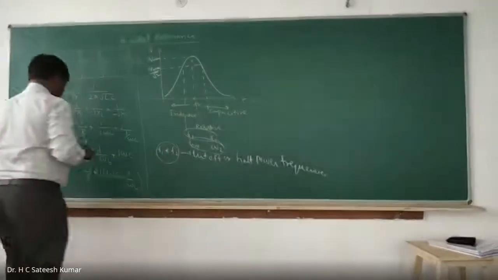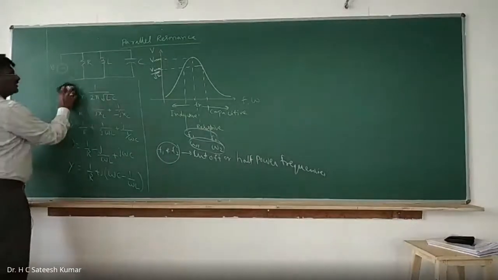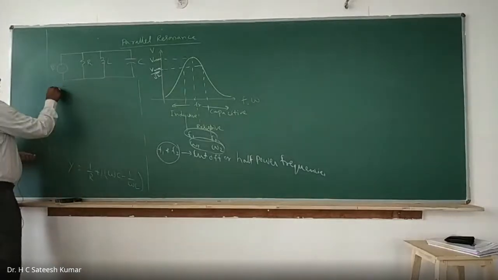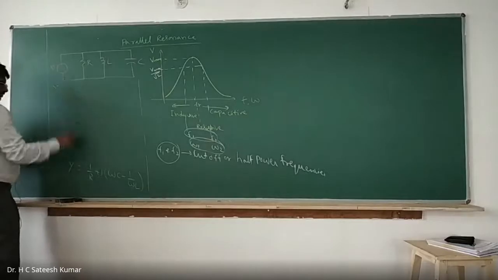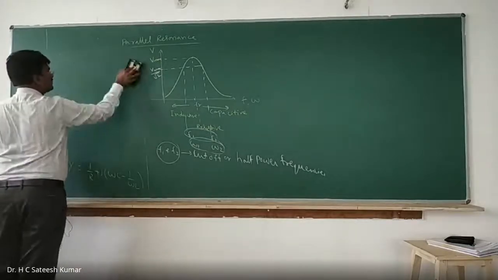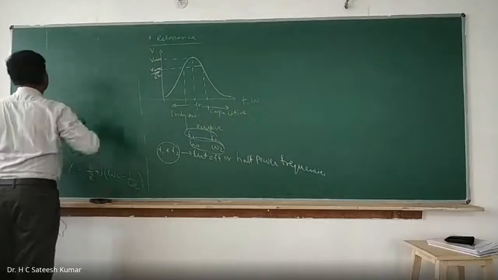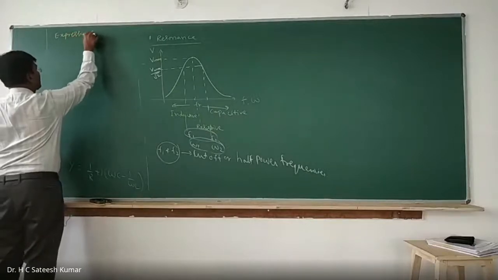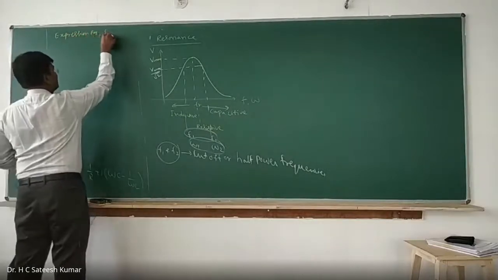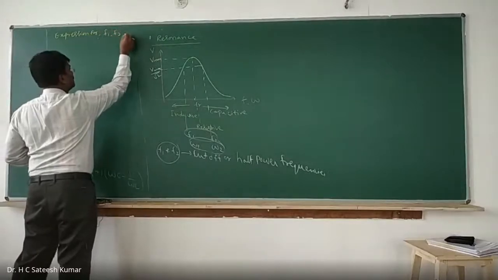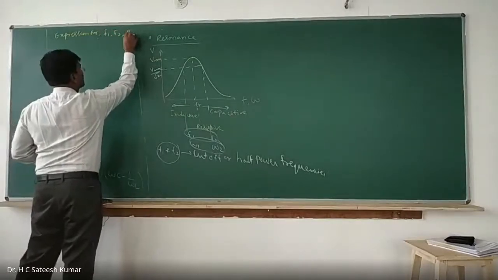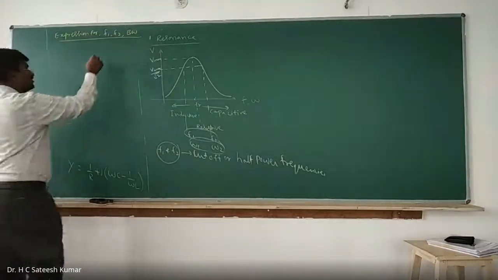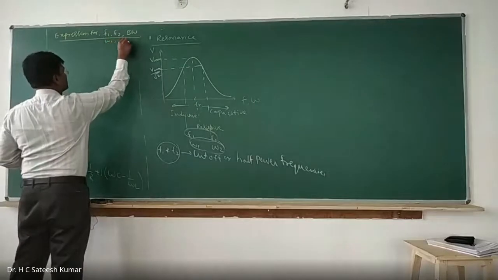Okay, now what is this admittance? We all know that Y is equal to... So the expression for F1, F2, omega 1, omega 2, and bandwidth.